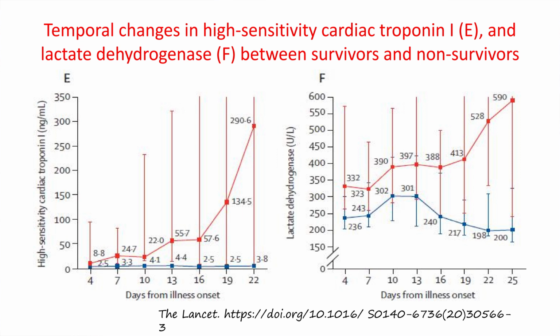And similar is lactase. If the lactase level increases progressively, it implies that the disease is progressing or even death. So with this predictor, we can treat patients very seriously in the early stage to control disease progression.